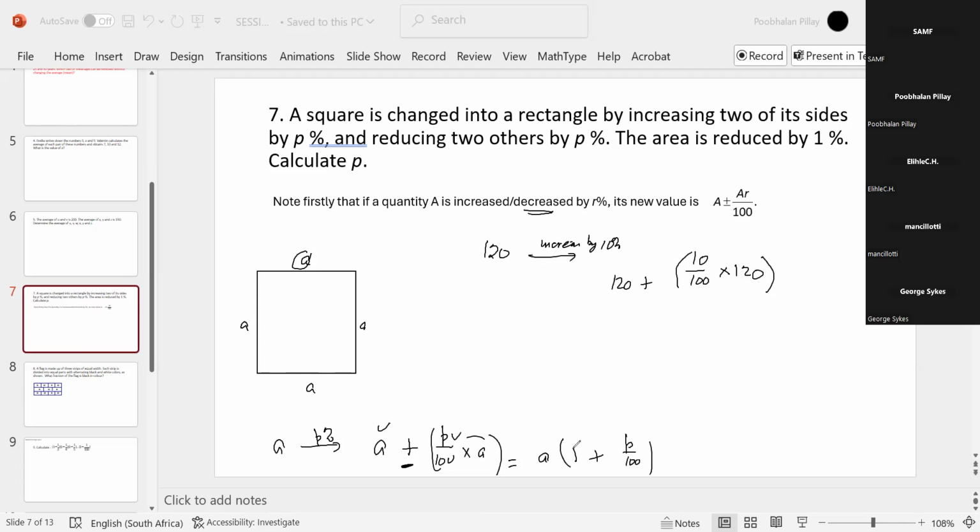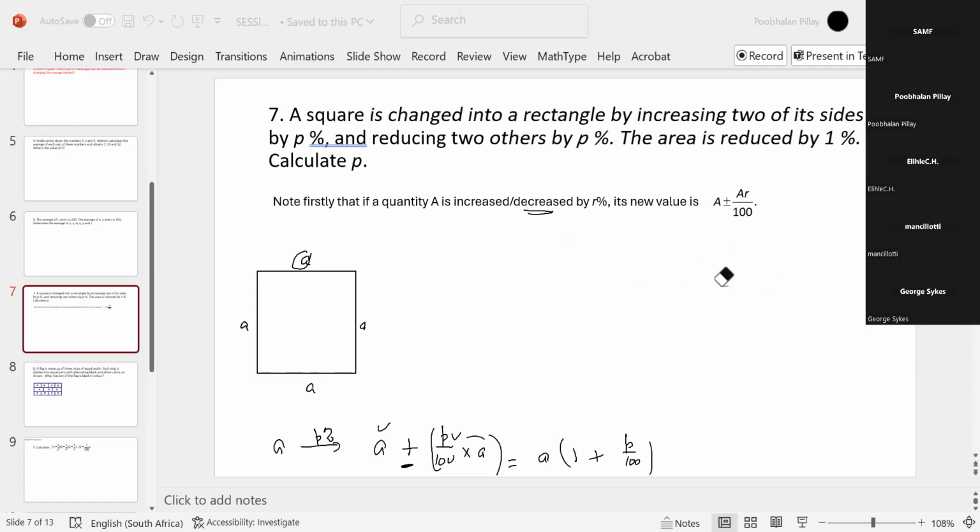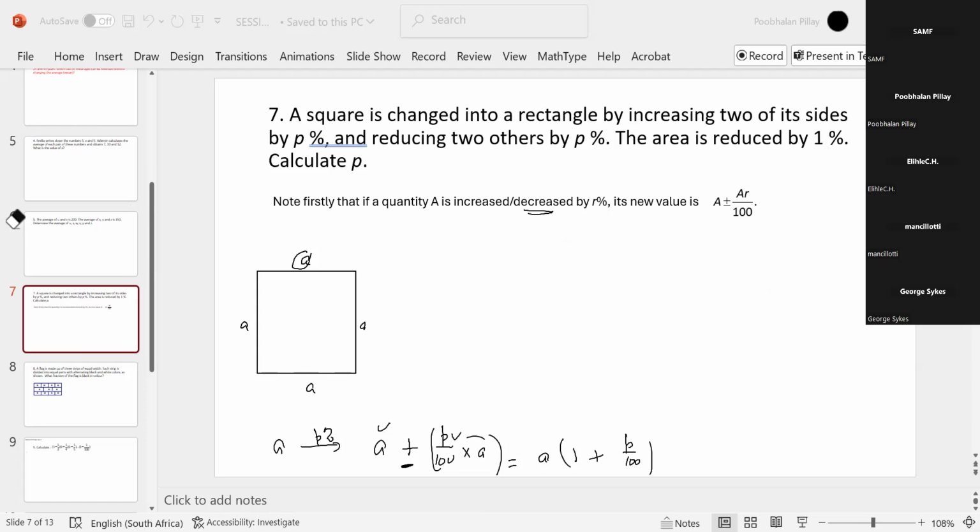So in the same way, I'm going to draw my rectangle now. Let me just delete all these things. I'm going to draw a rectangle, like that.